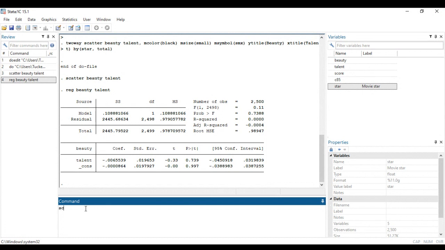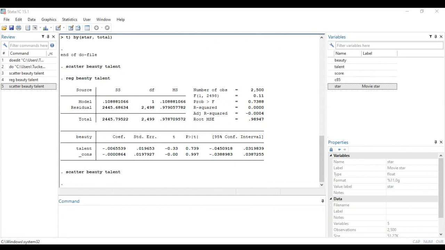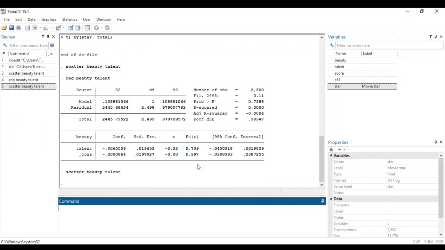Okay, so if we do a scatter plot of beauty and talent again, basically you can think that anyone that is above kind of this line here, these individuals here, are the movie stars in our sample, either people who are really good looking and okay actors, or people who are really great actors but not that good looking, and maybe some people who are both good looking and good actors.